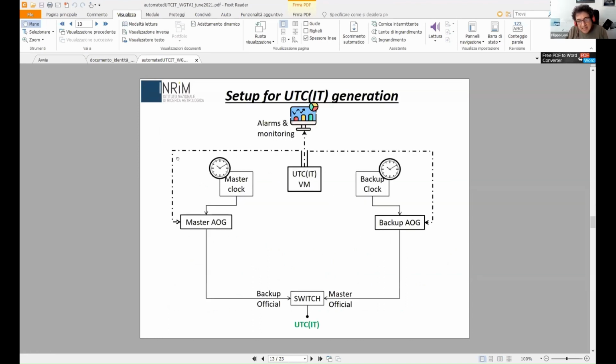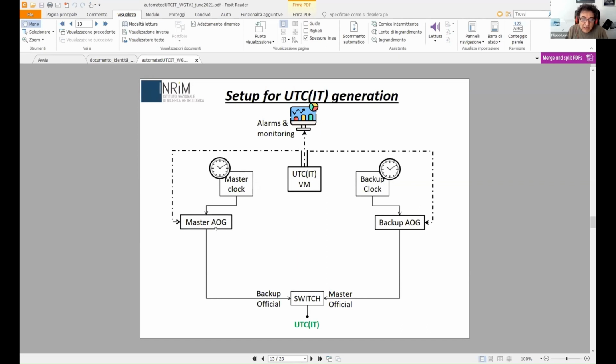This is the setup that we have implemented in the last few years to allow for a robust generation of the time scale. So our configuration is we have 2 independent systems in our laboratory. We have 4 hydrogen masers and 4 cesium clocks. And these are used for the generation of the ensemble time scale. For the generation of the UTC ET, right now we are using only 2 hydrogen masers, 1 master clock and 1 backup clock.